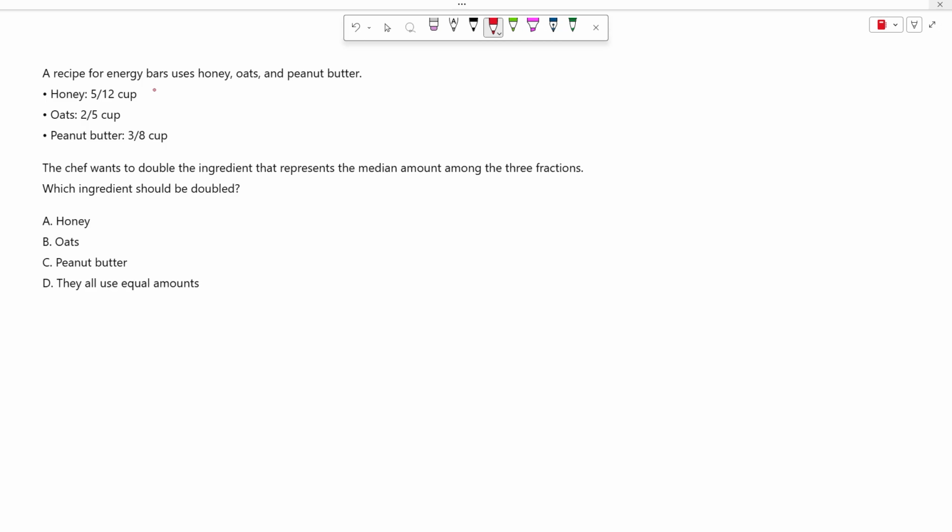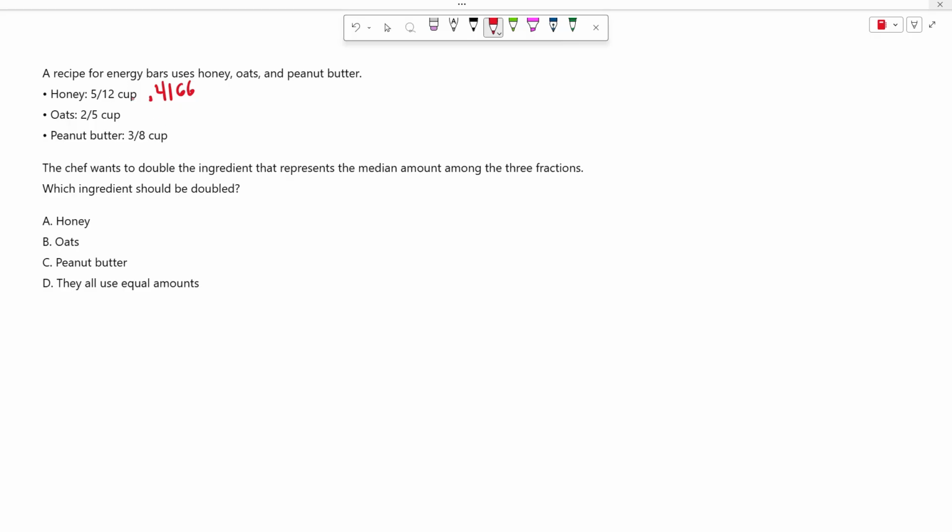So we have to figure out the actual decimal values. You could leave these in fraction form, but for the ACT, you can just plug 5 divided by 12 into your calculator and get an answer. That is 0.4166, with the 66 repeating. At least that's the way I would go about it.